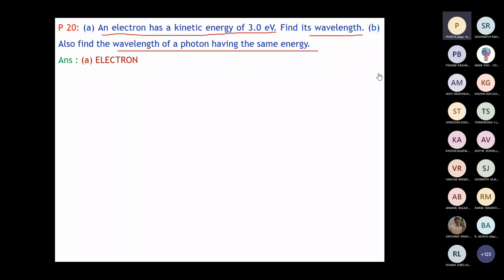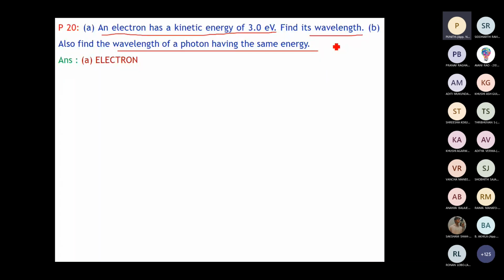Anyone could determine the wavelength? Yes? None of you have done.